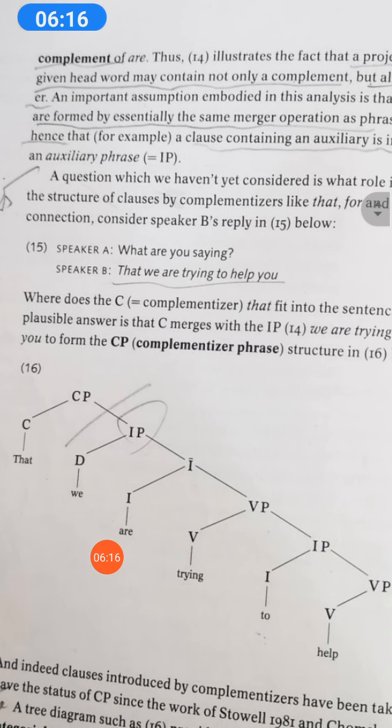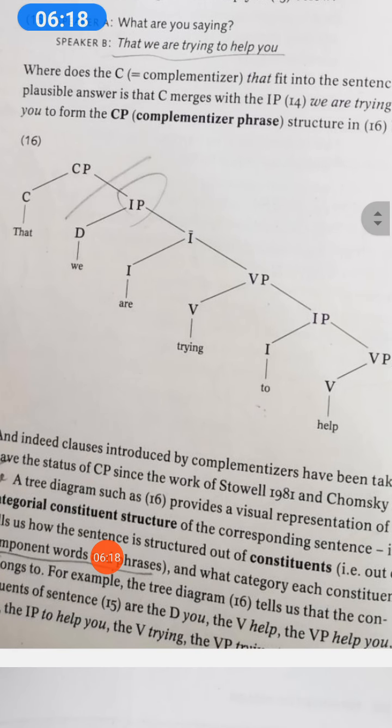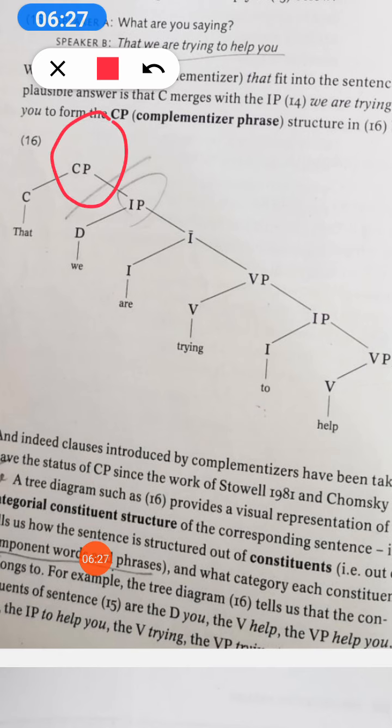Let's move on to another bigger phrase. This is the last phrase in English, which is called the CP phrase or complementizer phrase. A complementizer phrase is a phrase which begins with a complementizer, such as that, for example, or if.